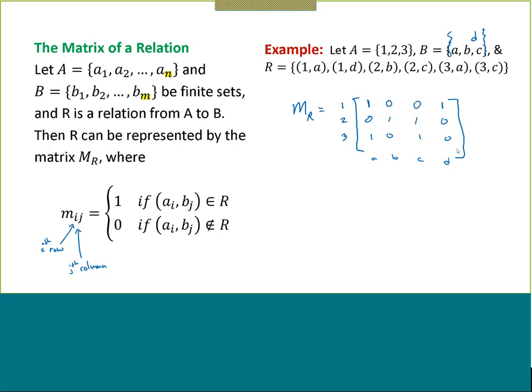The only thing that people have a tendency to get swapped sometimes is who goes in the row and who goes in the column. What I have found is the easiest thing to do is write it where you have the labels on the outside. All of the labels for your first coordinates, write them here. All of your labels for your second coordinates, write them down here.